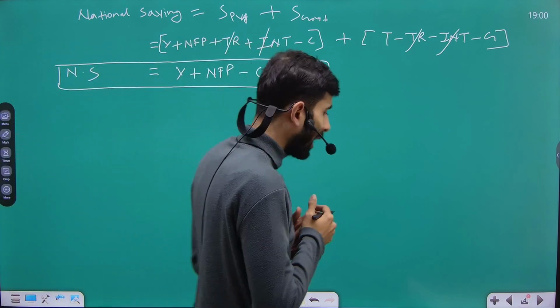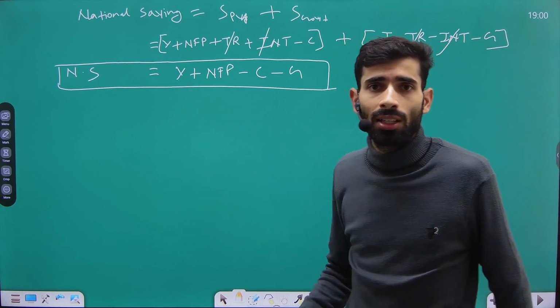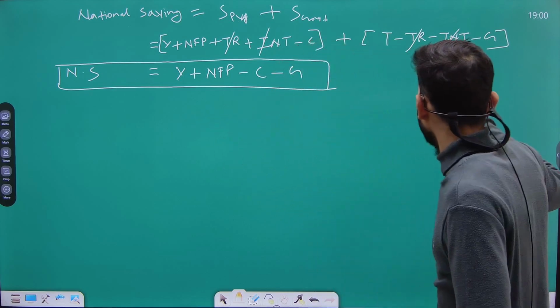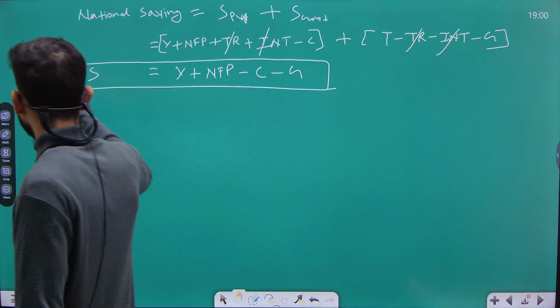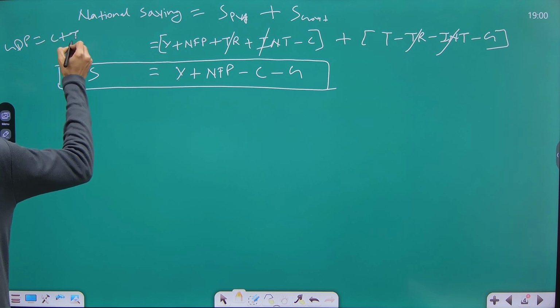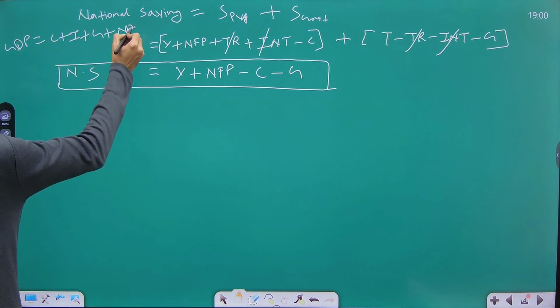So here we can expand this equation as well. Basically here we can substitute the value of Y from the equation of GDP. If you remember, we used to write GDP as C plus I plus G plus NX.